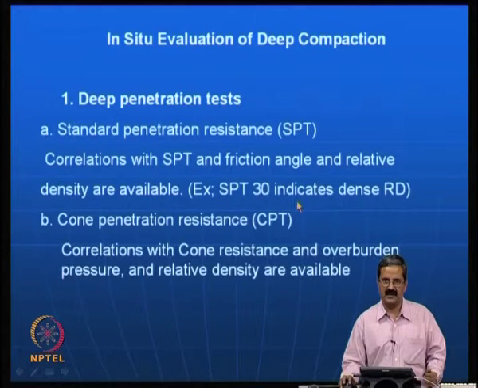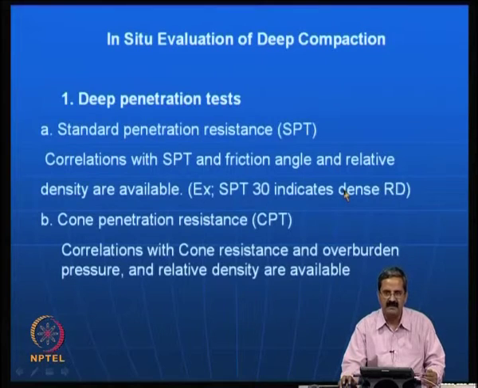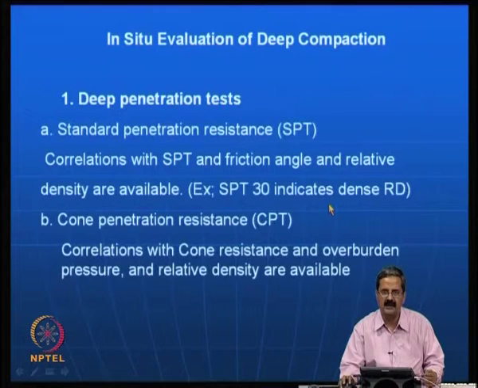An SPT of 30 indicates a good relative density. So, if you have an SPT profile from before the compaction process, you will understand how much the state of the soil has improved. For example, in situ soil SPT could be 10, and if it is improved to 30, it is an excellent thing.